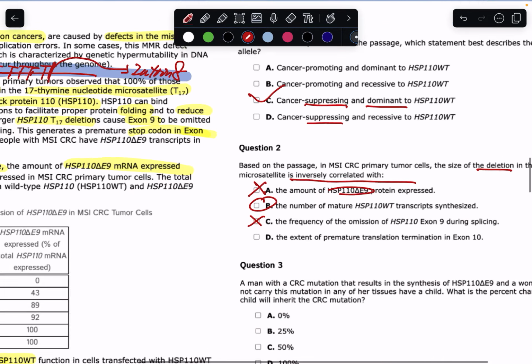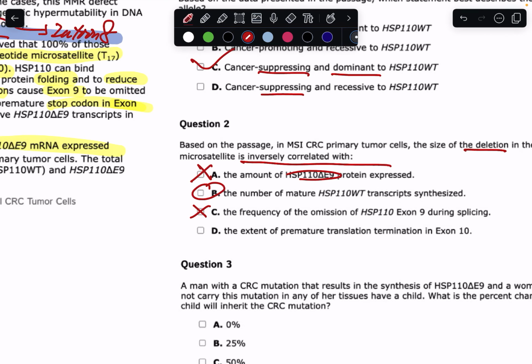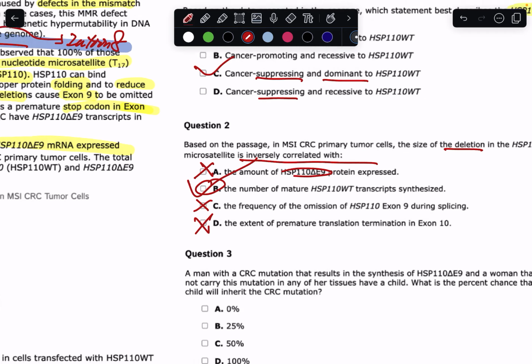Stop codon in exon 10 is just another way to say translation termination in exon 10. So that's also a direct relationship. So I decide that B is my best answer, because I struck through A, C and D.